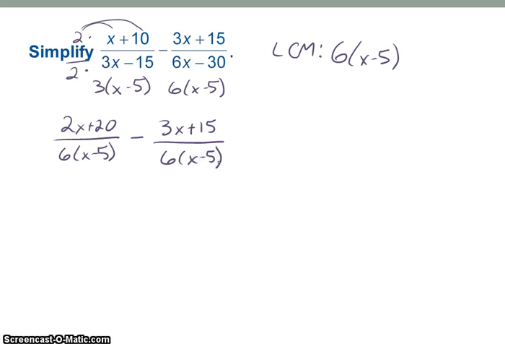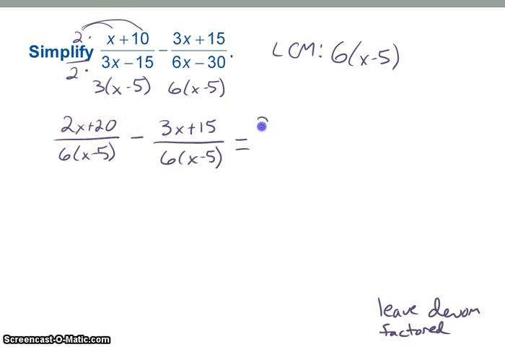Notice we're leaving the denominator factored, but the numerator unfactored. For example, I could have factored this, but because I'm combining my numerator, I'm leaving it unfactored. So, common denominator, I'm just going to subtract straight across.